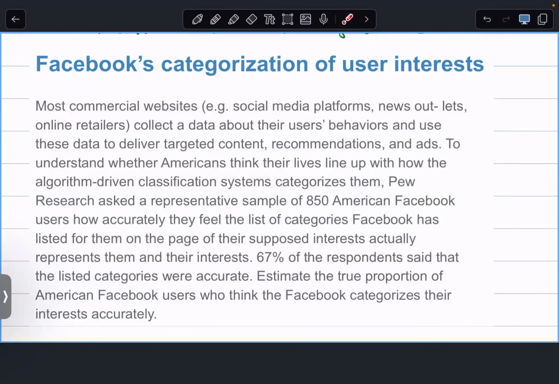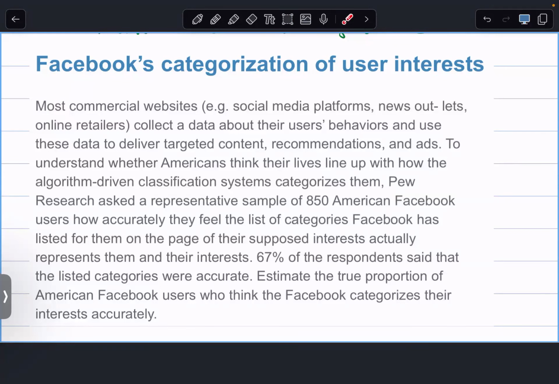Most commercial websites collect data about their users' behavior, and use these data to deliver targeted content, recommendations, and ads. That's no surprise to us.